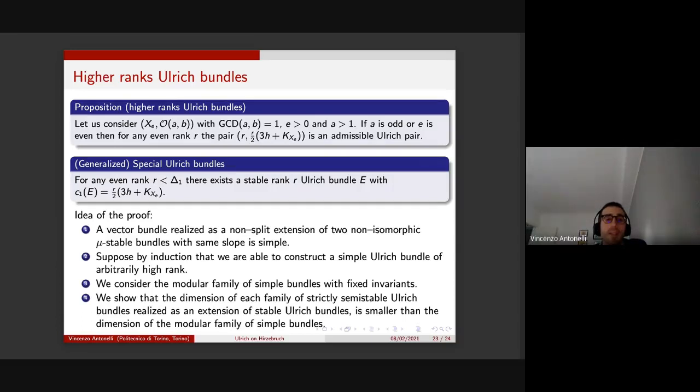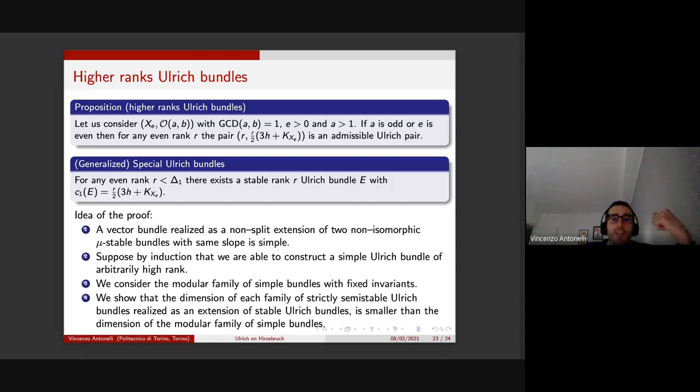Why do we need the delimitation on delta 1? Because I told you that the admissible Ulrich pair R and the special c1 is always admissible. Well, using the result of the previous slides, this condition, R smaller than delta 1, implies the non-existence of odd rank Ulrich bundles.